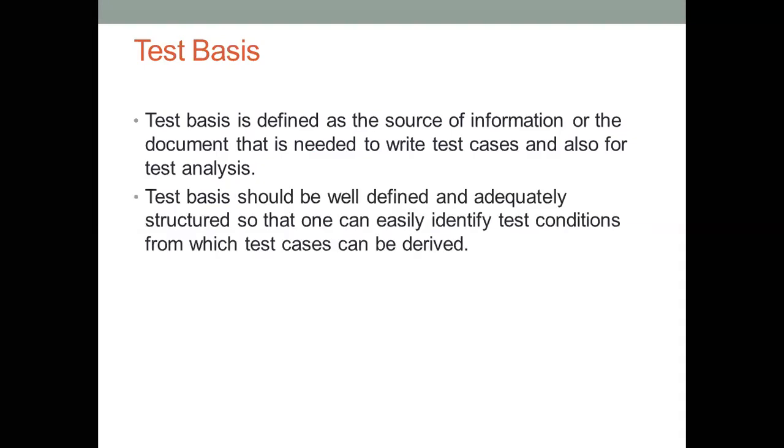That test basis must be well defined, and its structure must be adequate, so that all the test engineers can easily understand what the test basis, what that document, is.